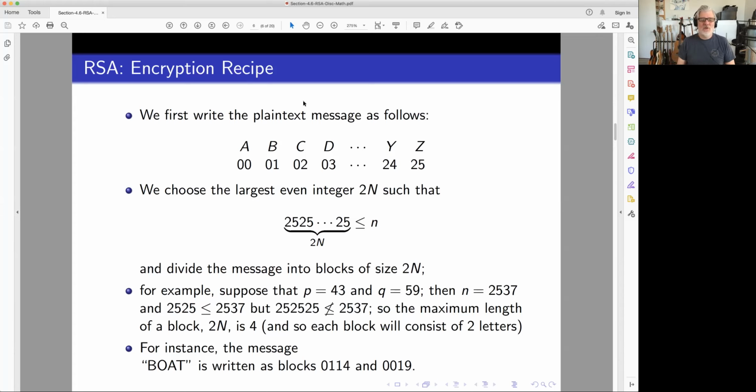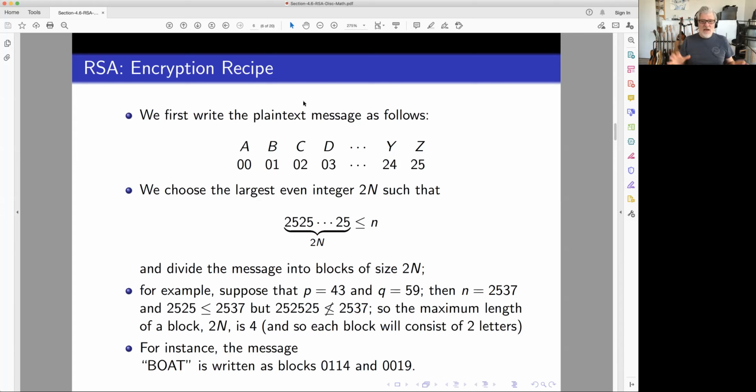Okay, so the messages we're going to encode are written with letters A to Z. This is just for the purposes of this example. Now we're going to be writing words with these letters, and you see that we're using 00, 01, 02 for the first letters, so that every letter has exactly 2 digits.